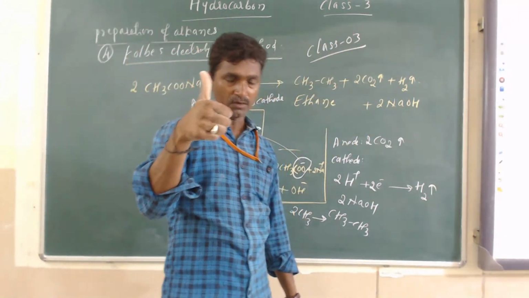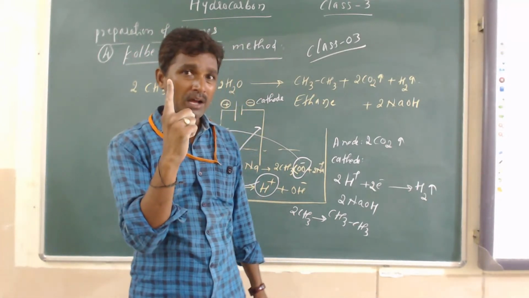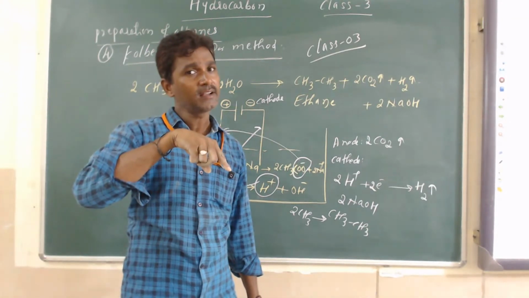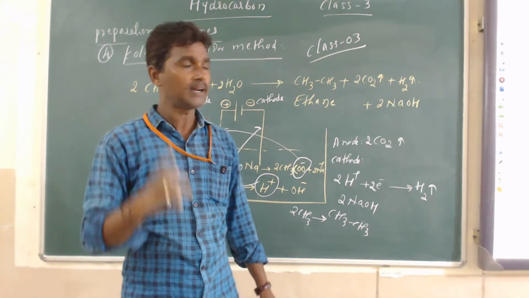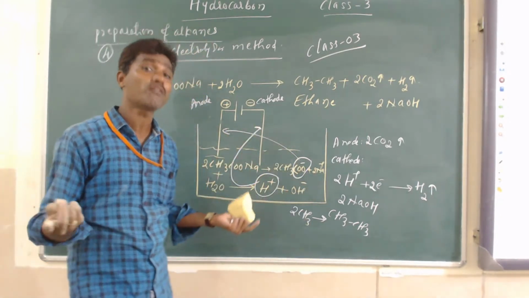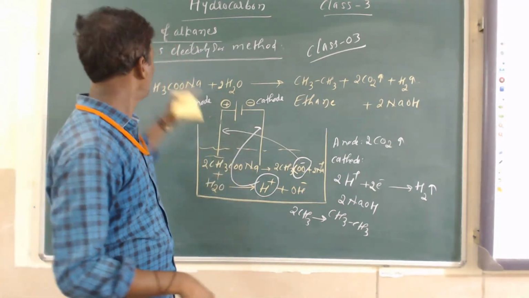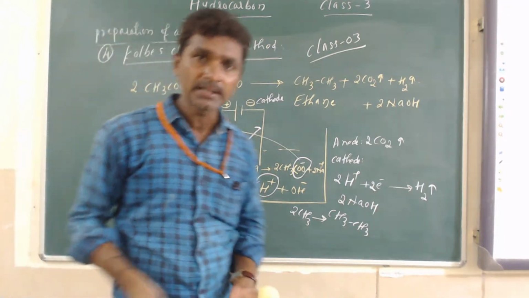First, preparation from unsaturated hydrocarbon, second, preparation from alkyl halide. In these two, one is reduction with zinc and HCl, second is the reaction with sodium metal, third is from sodium salt of carboxylic acid, that is the decarboxylation reaction. Fourth, the same sodium acetate by the Kolbe electrolysis method.